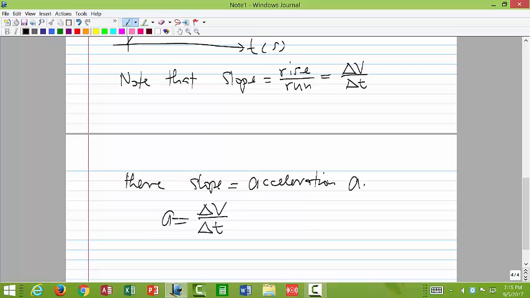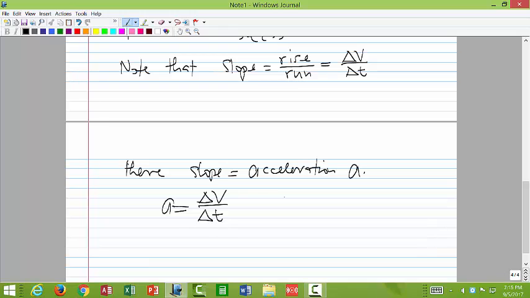That was our definition for acceleration. This is basically average acceleration, so this is A average.